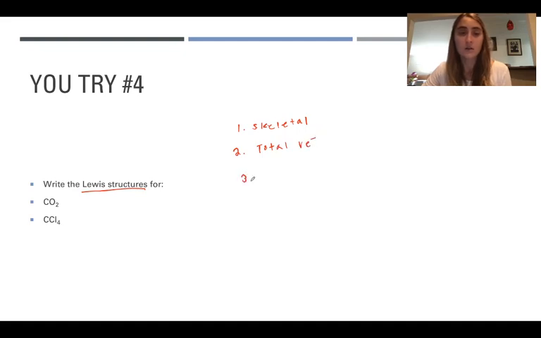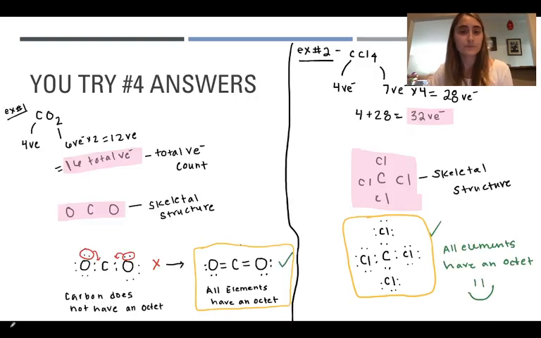And then you're going to draw the Lewis diagram or structure. And then you're going to double check that everything has an octet. Okay, so those are your steps. For CO2 and CCl4, pause, and then we'll go over the answers.